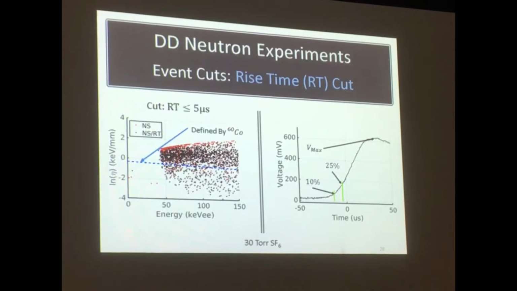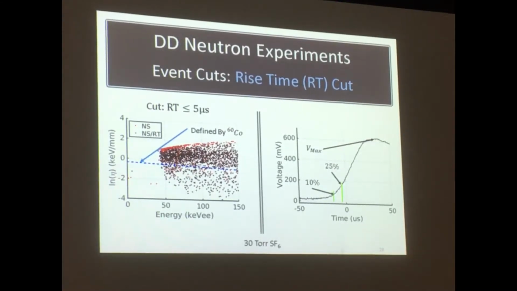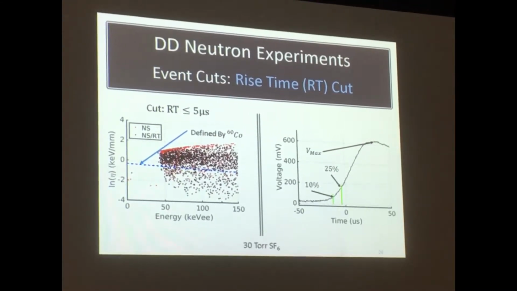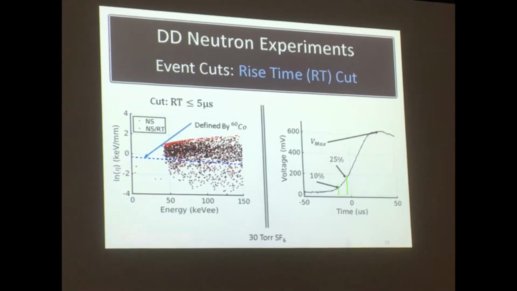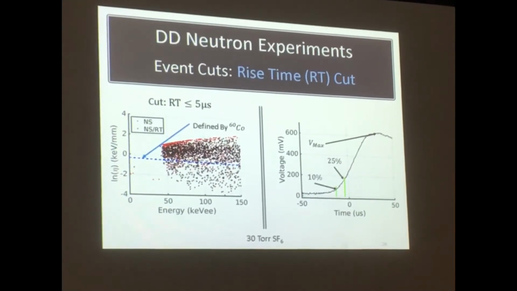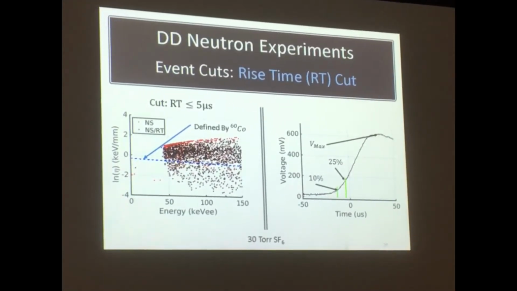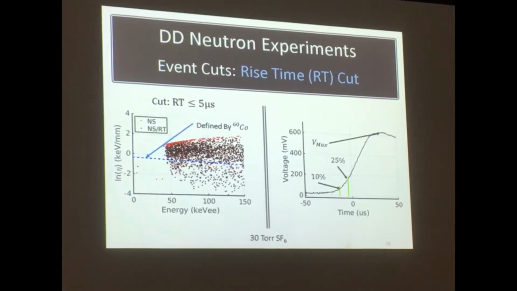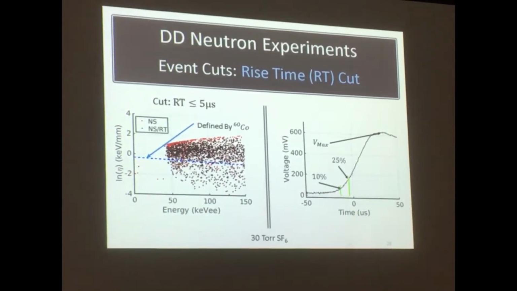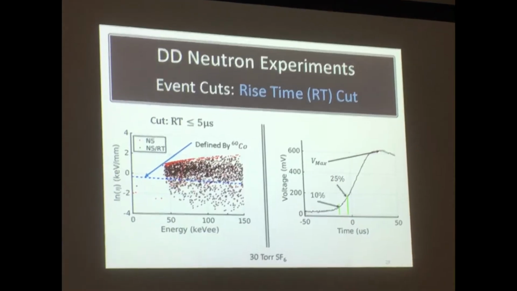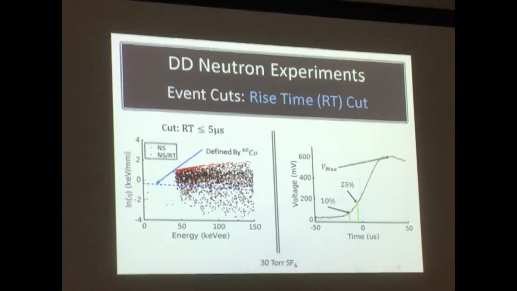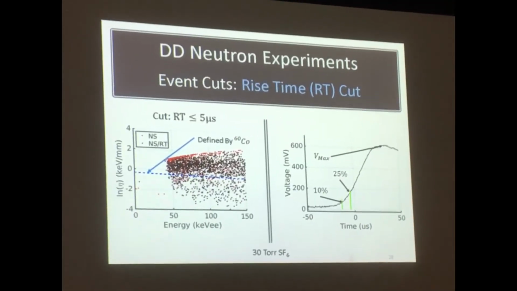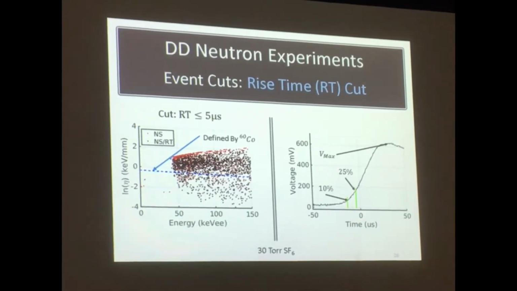And if that is less than 5 microseconds, I throw the event out. And the reason is because these events have a fast rise time, a non-physically fast rise time. And so they're like sparks or microsparks or not real events in our experiment, in our detector. So I throw those ones out.